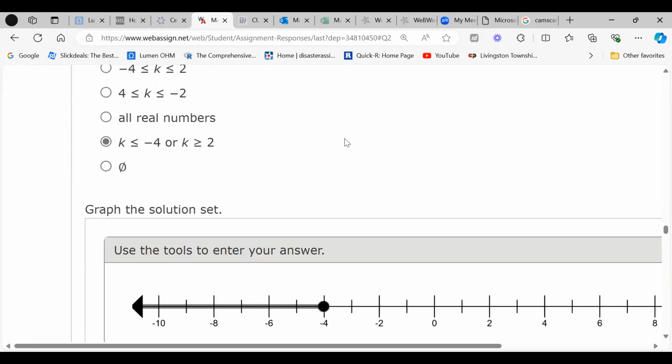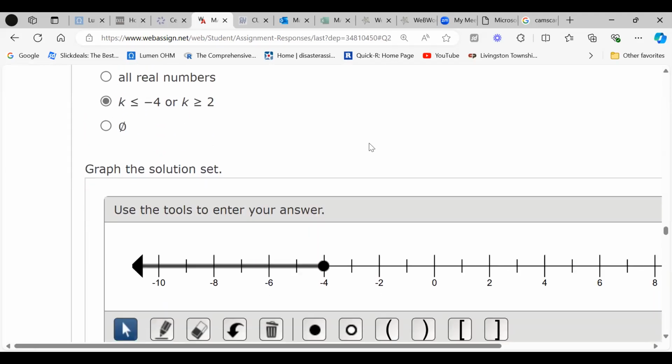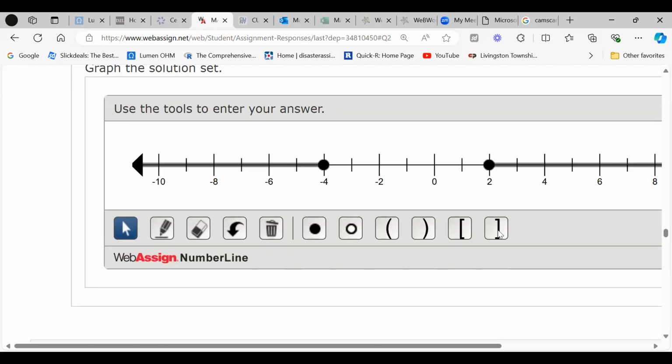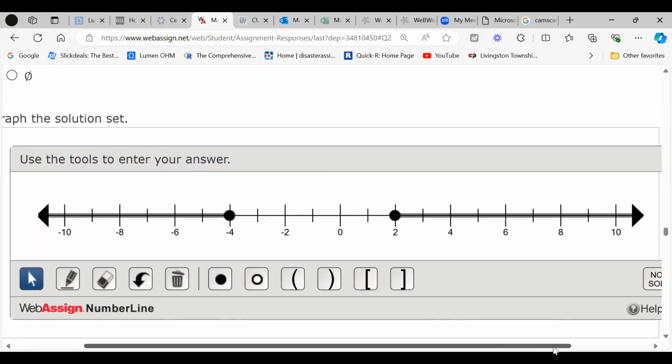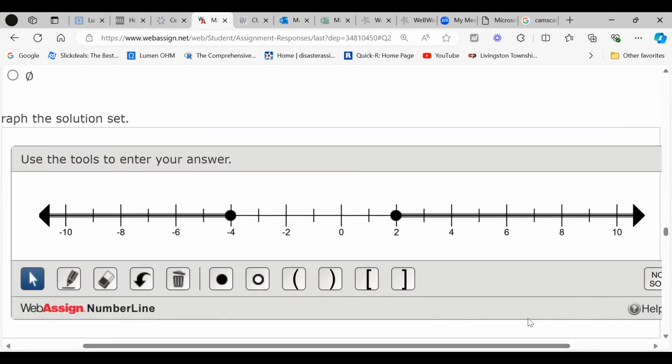Yep, that's less than or equal to -4, and then greater than or equal to 2. 2 is here, not on this, and then it goes this way. I think that should do it. Yep, that should be the answer, right?